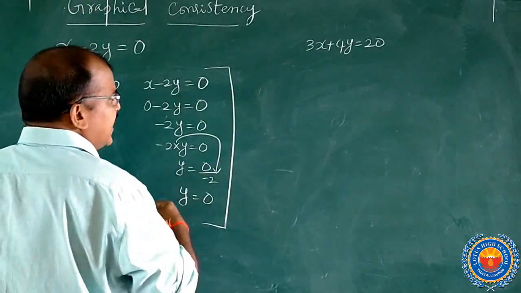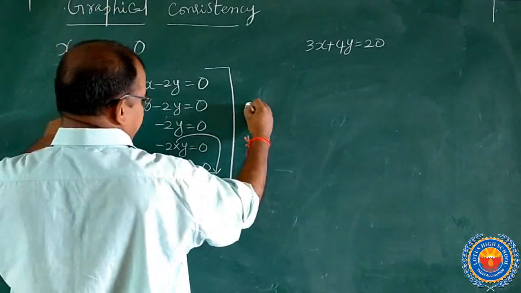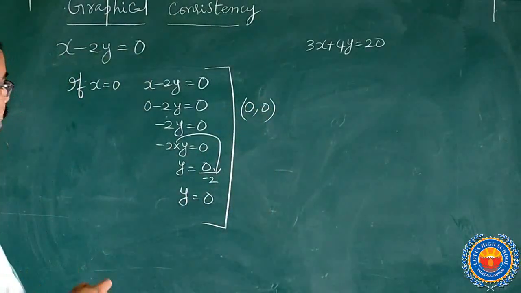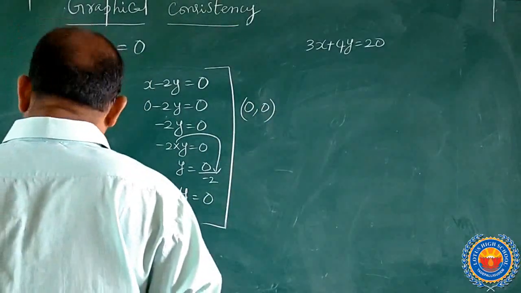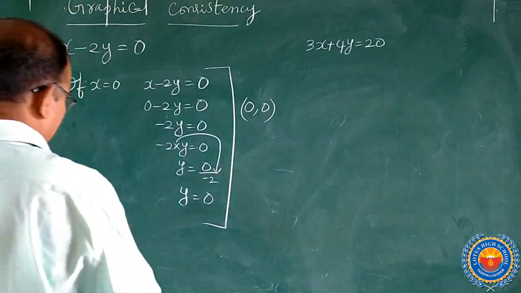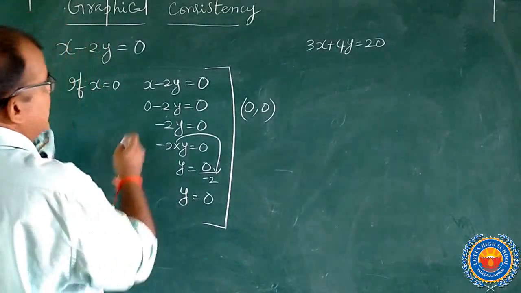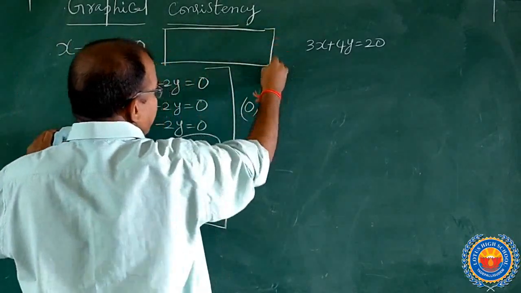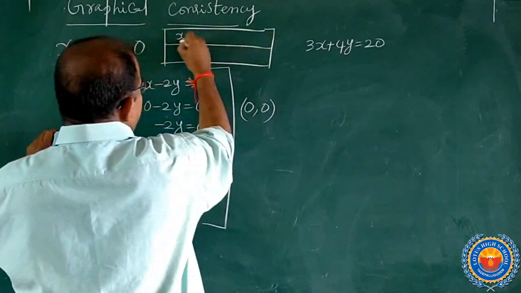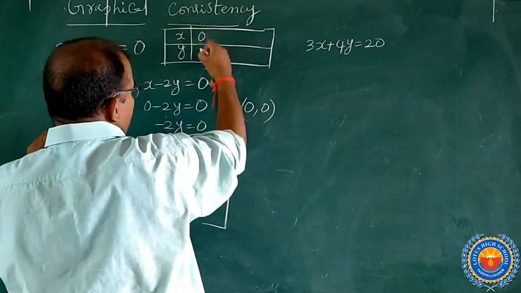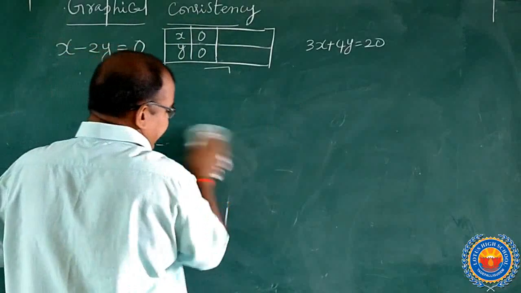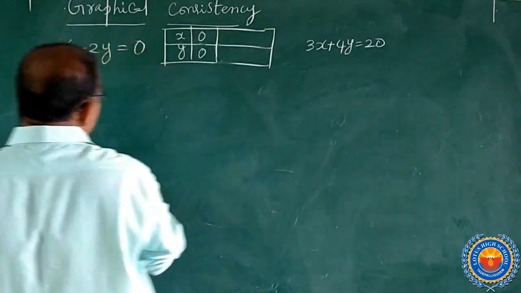Therefore, what is the solution? The first solution is (0, 0). In the table of x, y: if x is equal to 0, y is equal to 0. The first one is over.